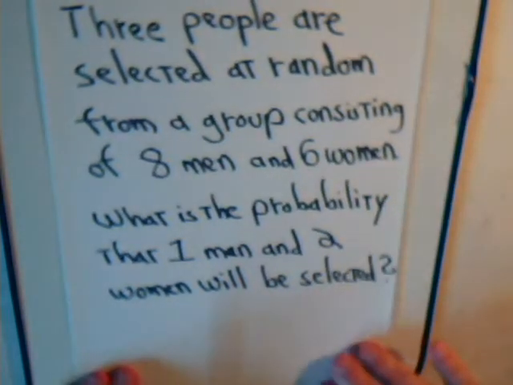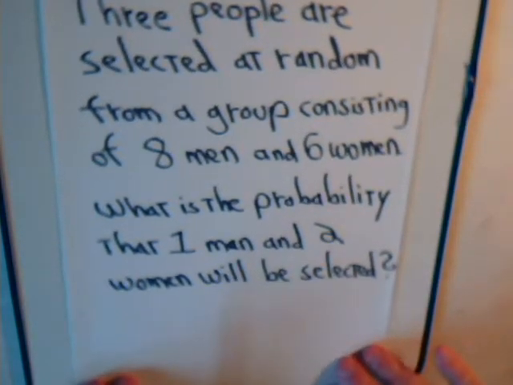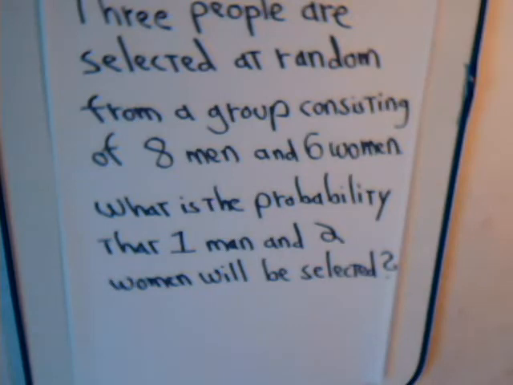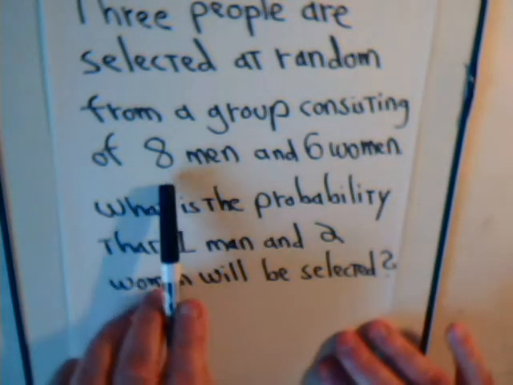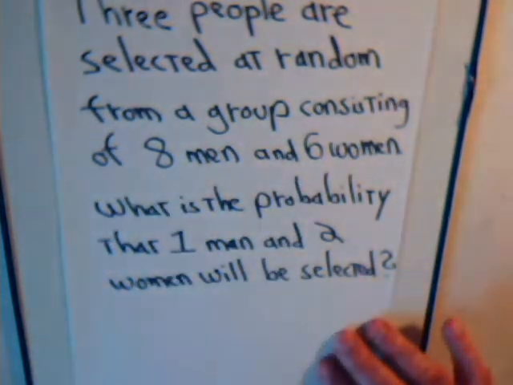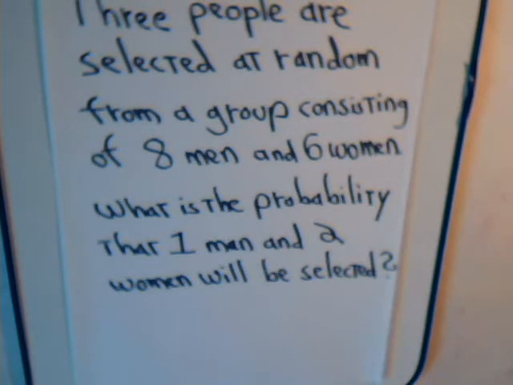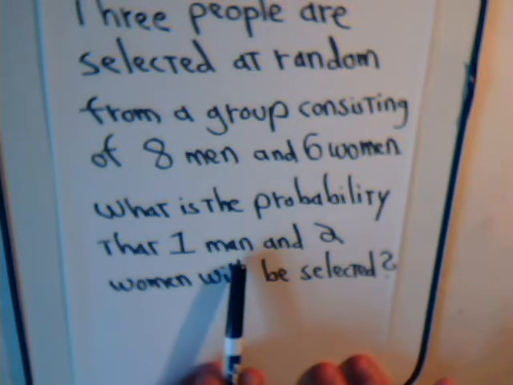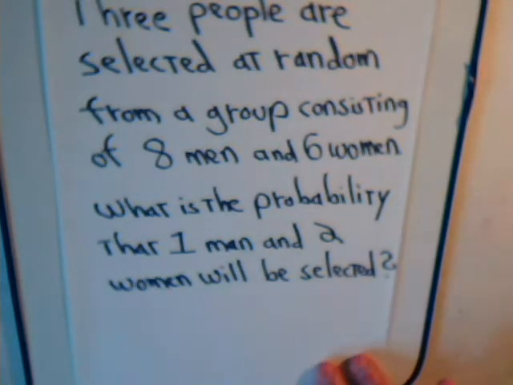Okay, for our first probability problem, it states this. We have a group of people with 8 men and 6 women, and we're going to randomly select 3 people from the group. If we do that, what is the probability that in that random selection of 3 people, it will be comprised of 1 man and 2 women?